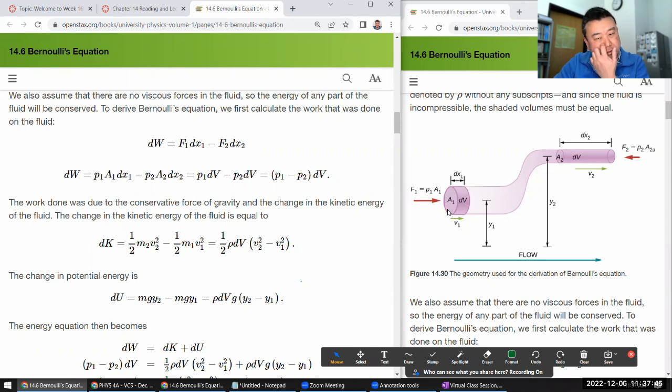So that's how much work you do on this if you push it for that distance. And they're subtracting. This is the situation that they have in mind in the rest of the derivation. So think of your portion of the fluid that's here.